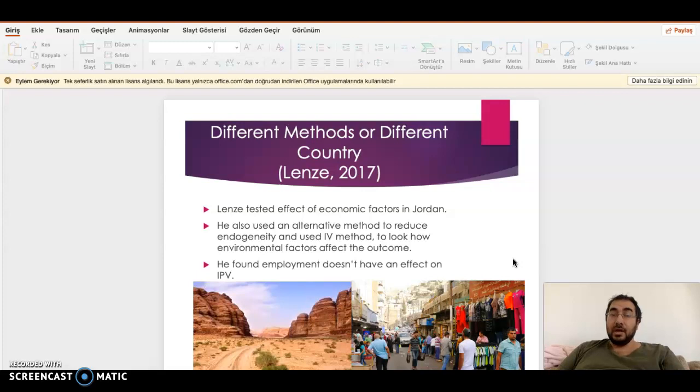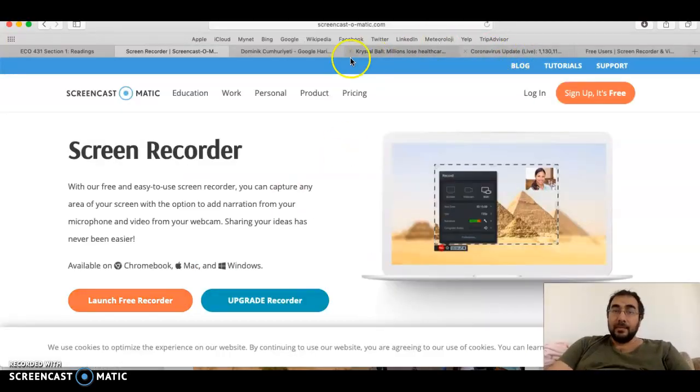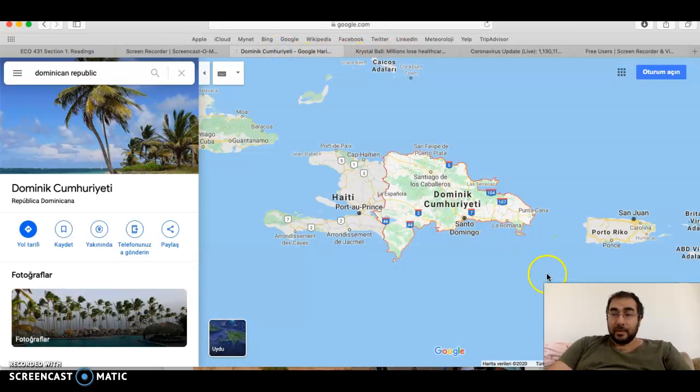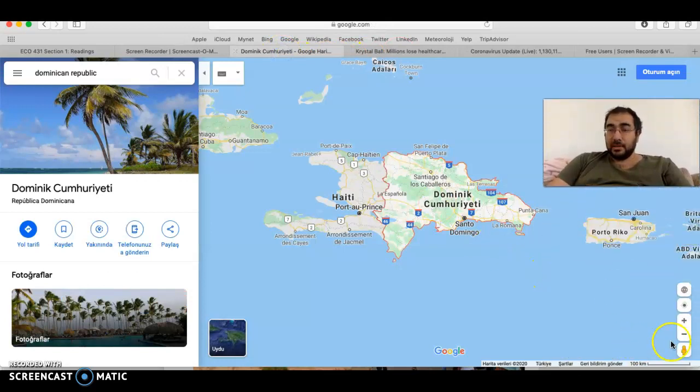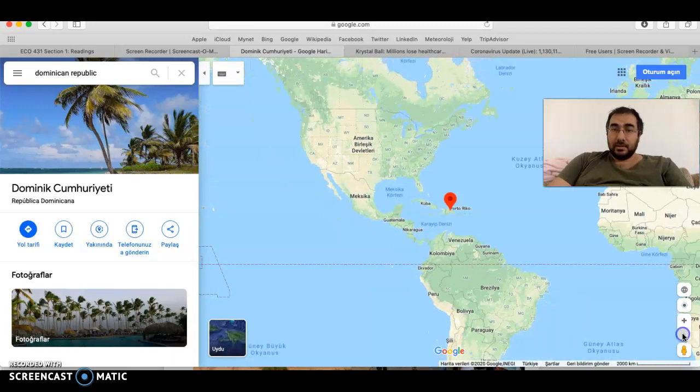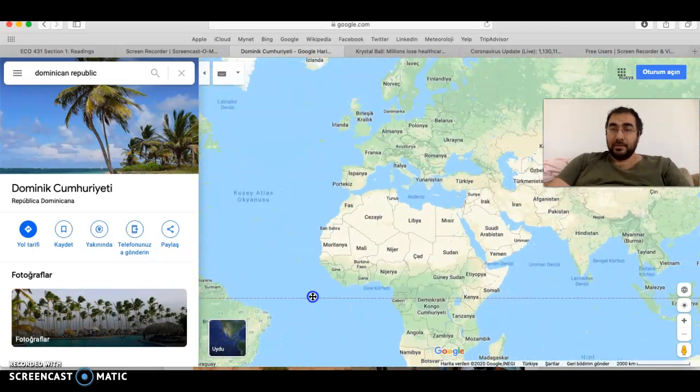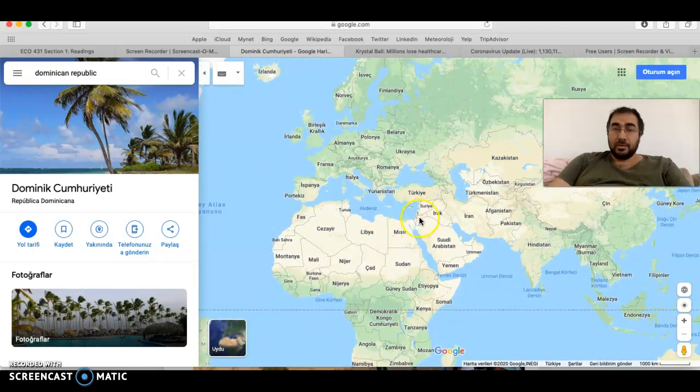Maybe that's because, as we have told before, of the special conditions of the place where they did this research, which is by the way Jordan. Jordan in the Middle East. Let me show you the place. This was Puerto Rico. So Jordan is here, basically.